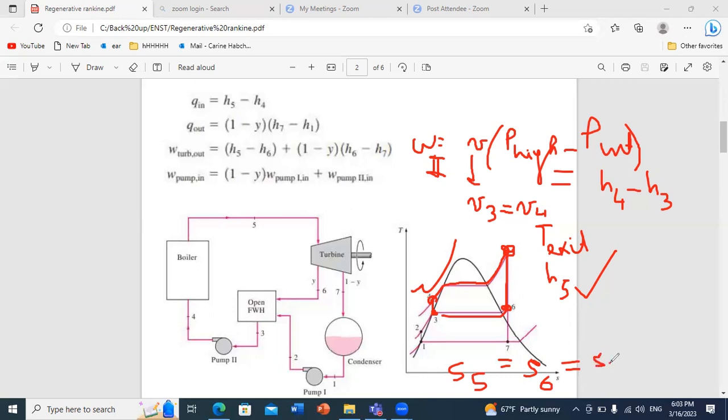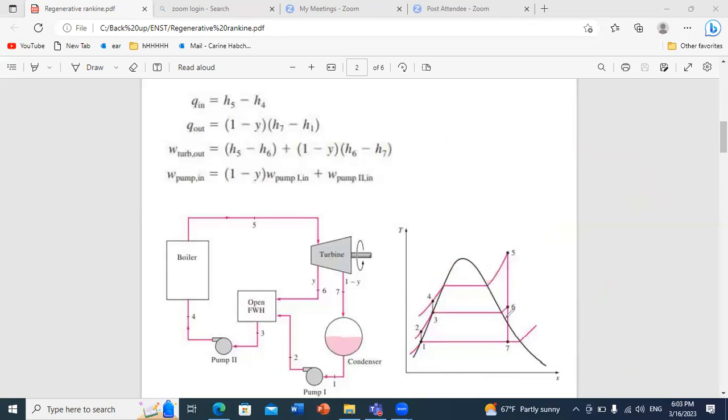Already you know that if you have two properties, you can determine all others. Between 5 and 6 you have the same s, and for point 6 the pressure is P intermediate, so you can go to the superheated table to get the value of h6.